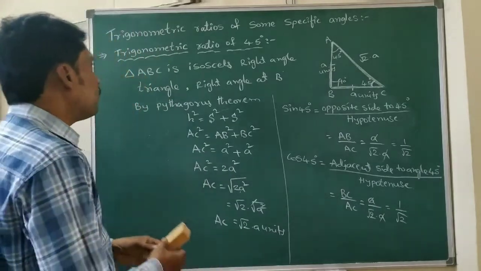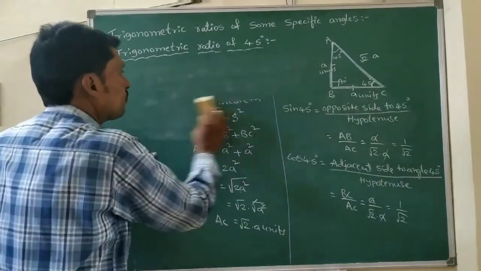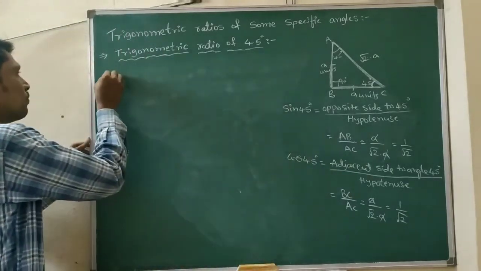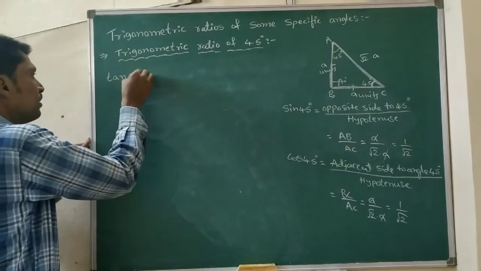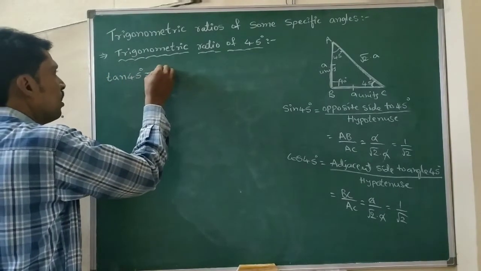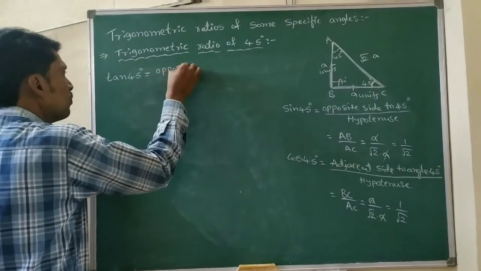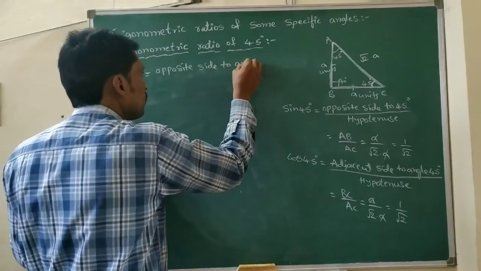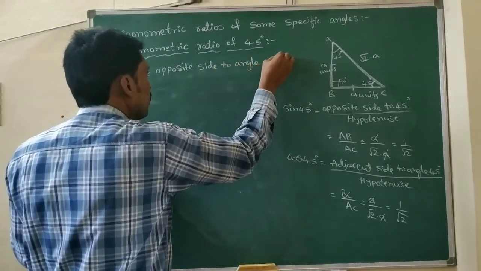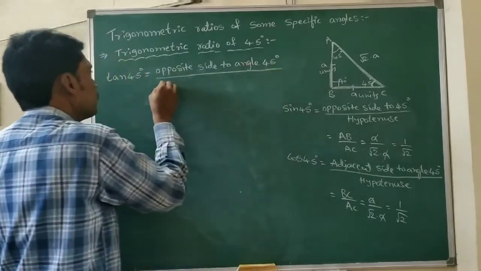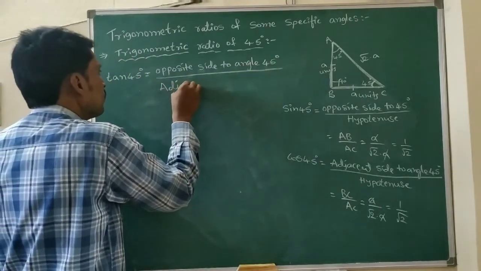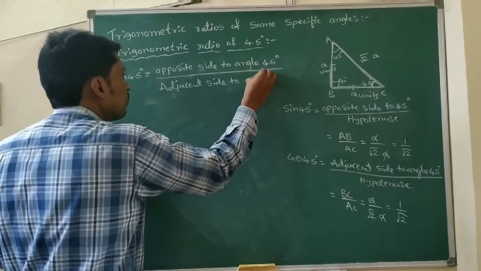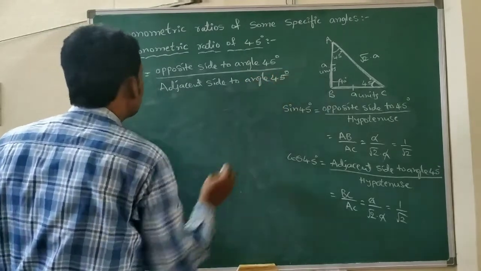Next, tan 45 degrees. What is tan? Opposite side to angle 45 by adjacent side to angle 45.